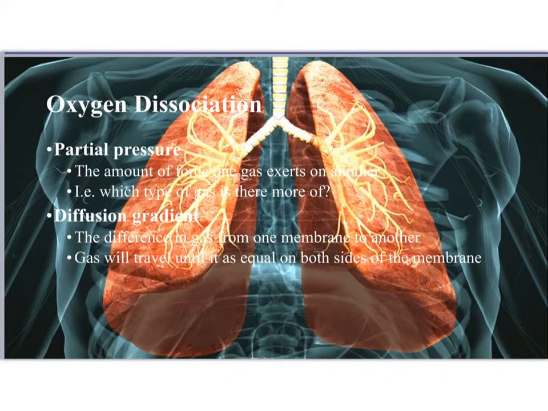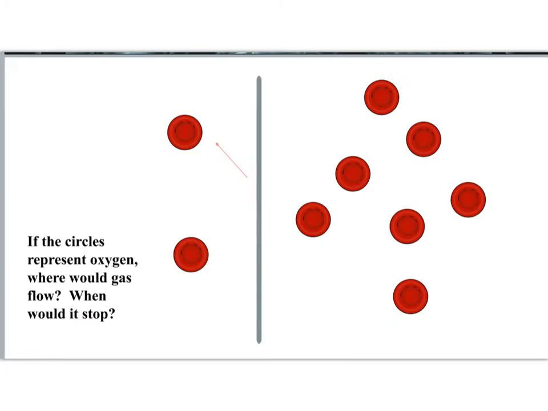Another reason why oxygen will move from one place to another is because of pressure or the diffusion gradient. Now these are 2 concepts that we will go on to explore here.